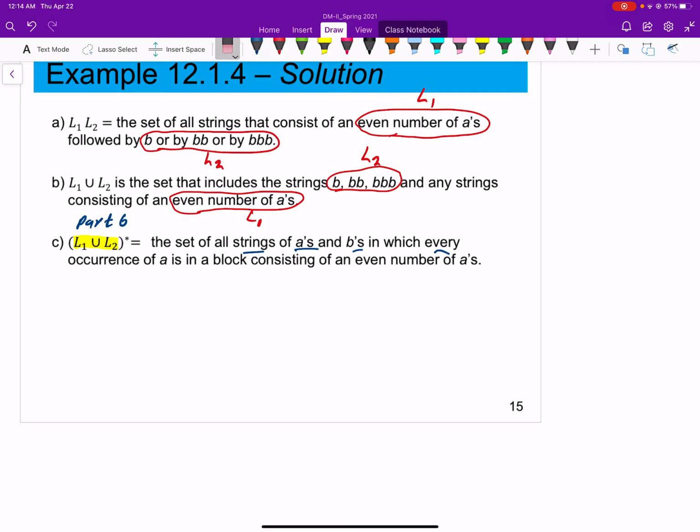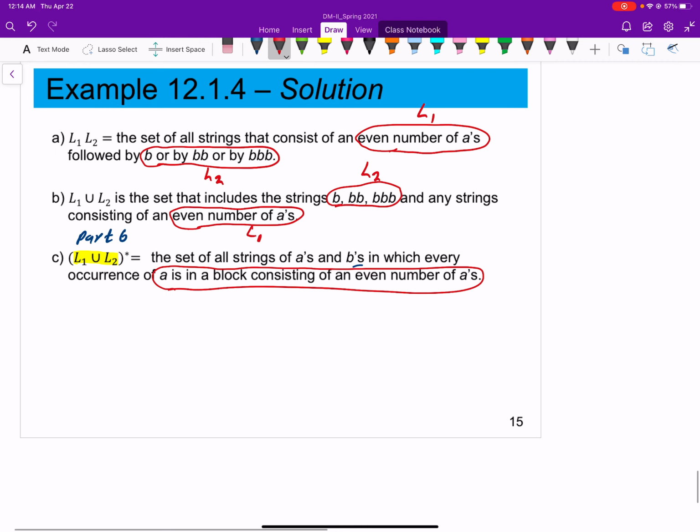That's how L1 happens. A in blocks consisting of an even number of A's. Okay, that means L1.